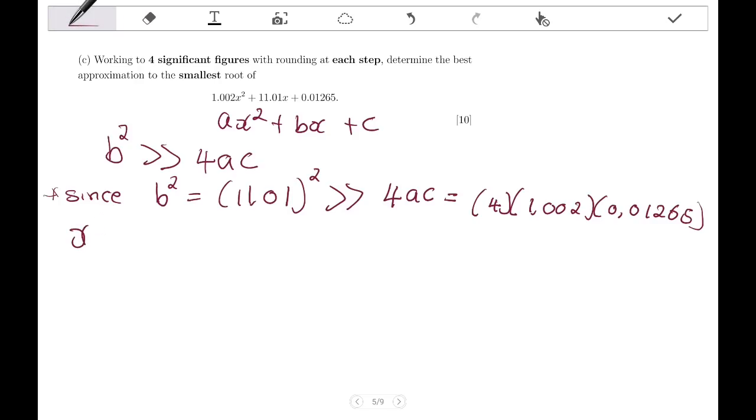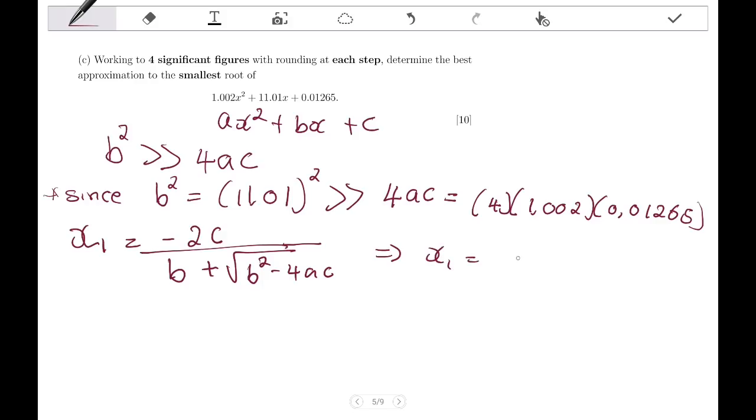For one of the roots, x1 is going to be minus 2c divided by b plus the square root of b squared minus 4ac. This equation comes from x1 equals minus b plus the square root of b squared minus 4ac all divided by 2a, and then we rationalized the numerator.